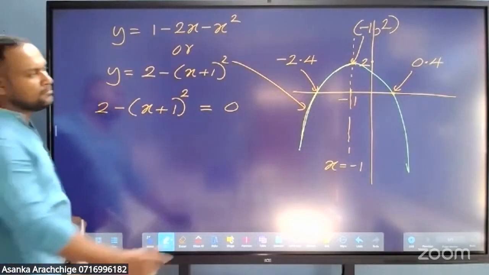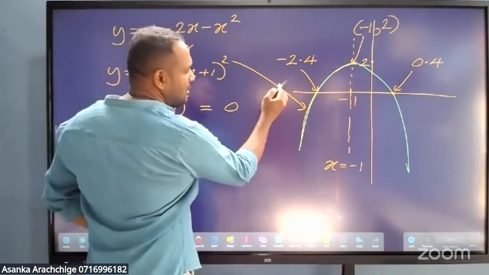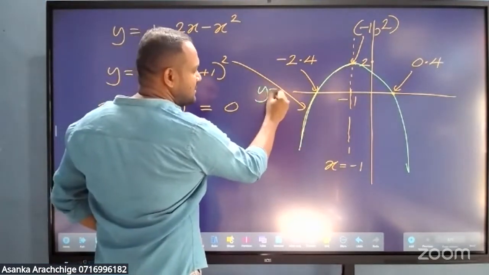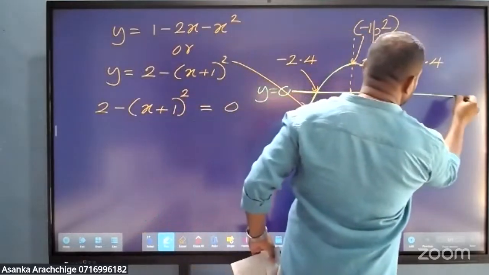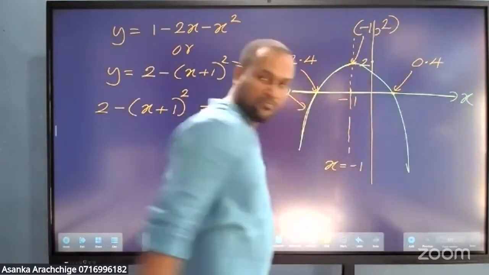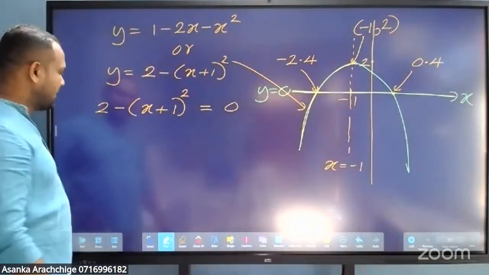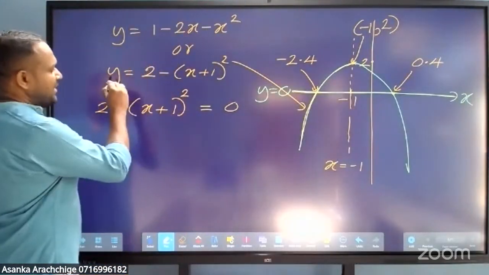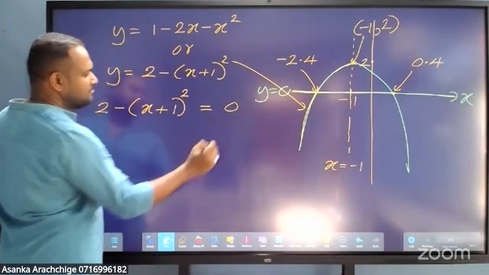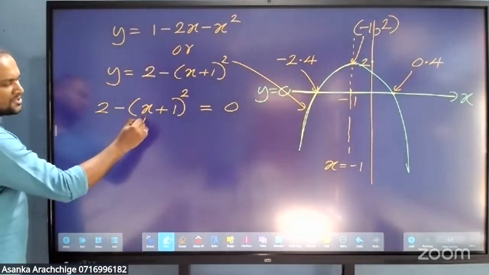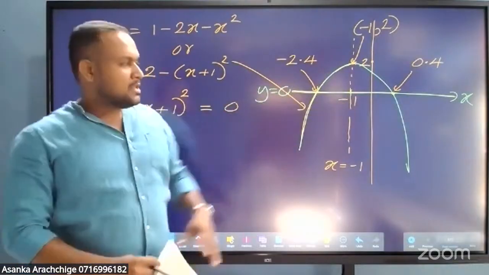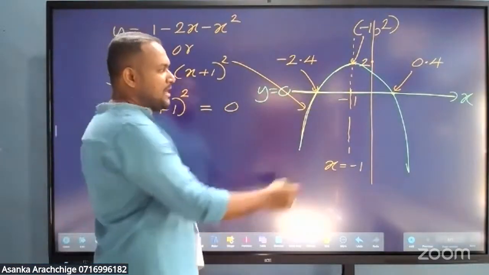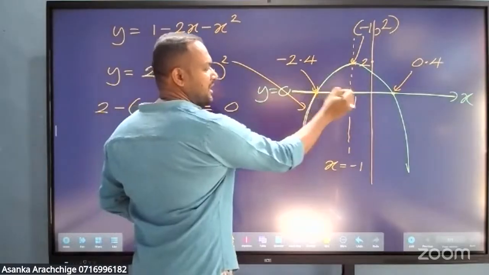Then you know this is the level of y equals 0. This is the region of y equals 0, the x axis. Then look, when y equals 0, x takes two values.